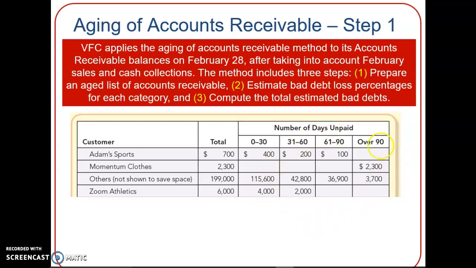So basically we divide them into 1 month, 2 months, 3 months, and over 3 months. For example, for Adams Sports, we have $400 in the 1 month or 0 to 30 days category, $200 in the 2 month, and $100 in the 3 month category. And we do the same for the other 3 customers, and then we add them up together.